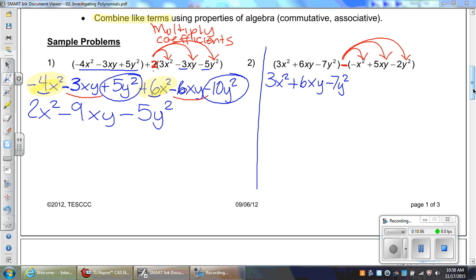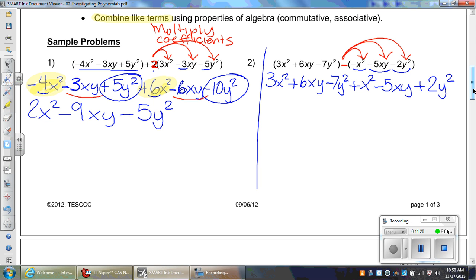So when we do that, every term inside the parentheses will change to its opposite sign. So instead of negative x squared, we will have positive x squared. Instead of positive xy, we will have negative 5xy. And instead of negative 2y squared, we will have positive 2y squared.